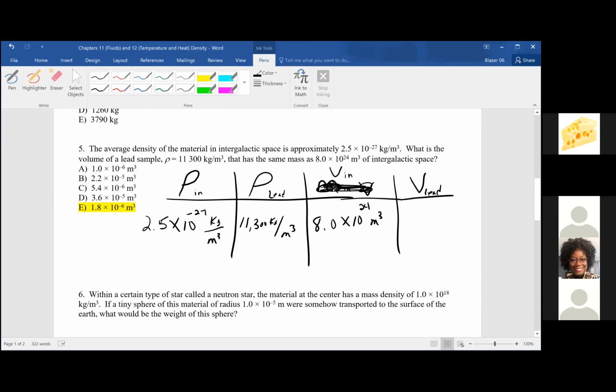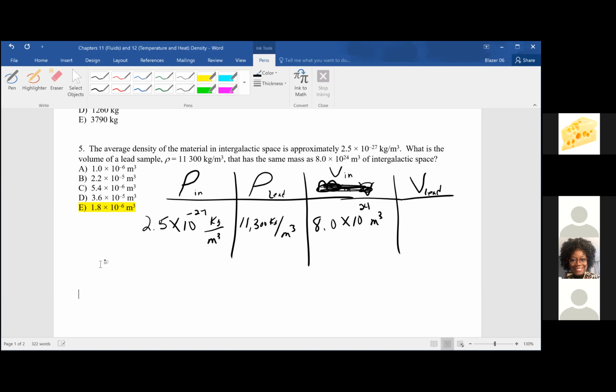So the mass that we're going to put over on our whiteboard will be the mass that was in the intergalactic space material. So let's do that first. See if I can move this down some. Okay. All right. So, oh goodness, my pencil is gone again.